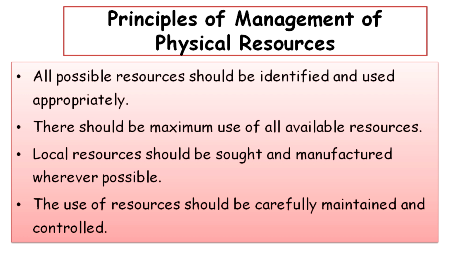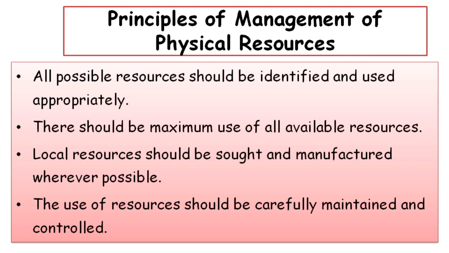Then, local resources should be sought and manufactured wherever possible. Here, instead of going for highly expensive resources, if a resource is available locally at a nominal rate and its quality is up to the mark, then a head teacher can go for purchasing that type of resource instead of the expensive ones.